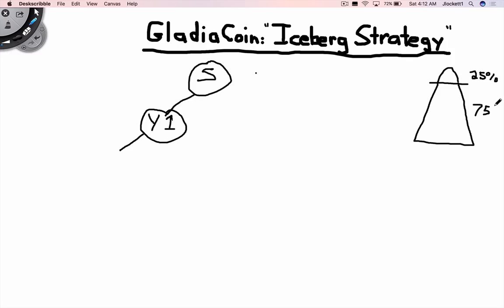What I'm going to talk about above the surface is your first three positions, which is going to be one here and then one on each side. So that's above the water, and then the rest of this will be below.